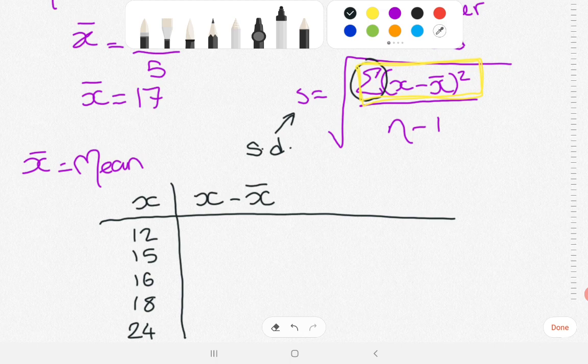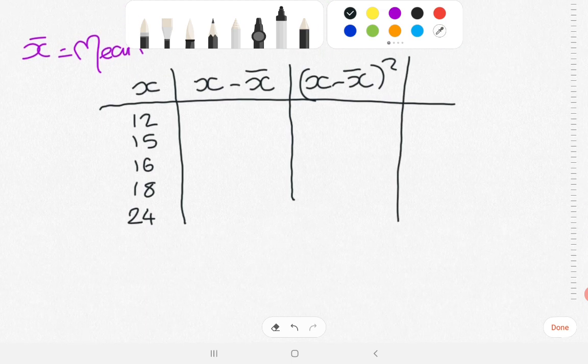So the number take away the mean, which is why we've already worked out the mean. And the final thing is going to be x minus x bar squared. So whatever answer we get squared. Okay, so this is what we're working with now.